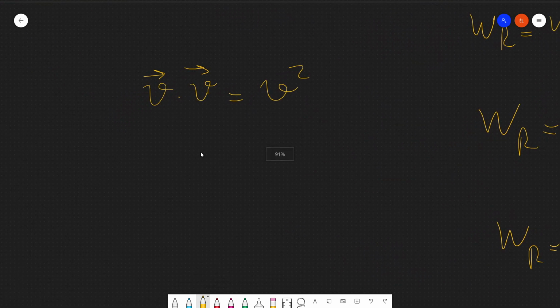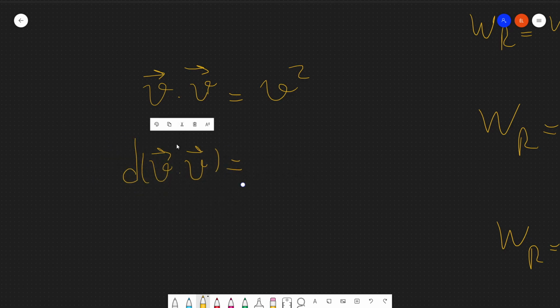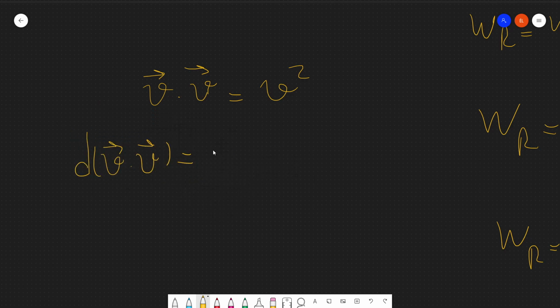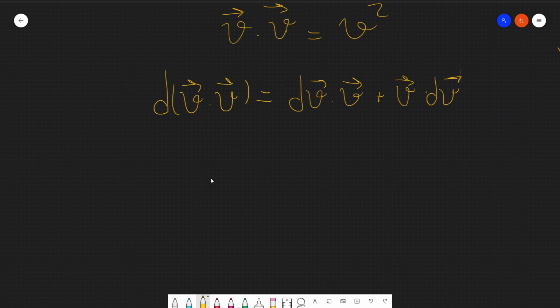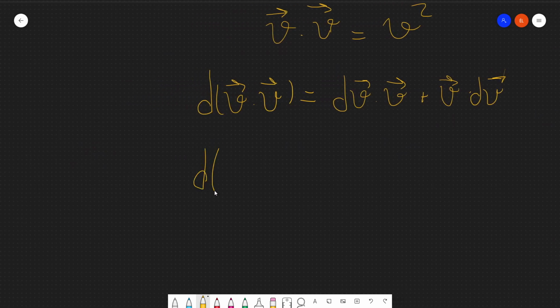But anyway, we know this, so we want to try to see if this can equal something useful, right? And how do we expand on this? This is just the chain rule from Calc 1, like the derivatives, right? So you do the derivative of the first one times the second one, plus the first one times the derivative of the second one. Now we can rewrite this as being this, right? So this is v.